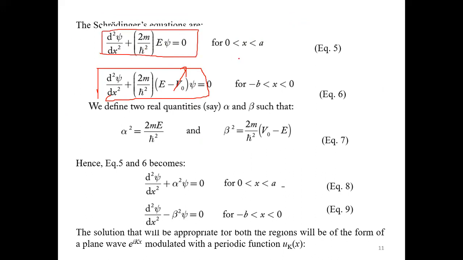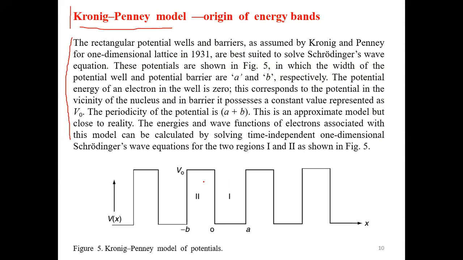As I said, in a material, when x lies between 0 and a, with this as the origin 0, the electrons are free. This is region 1. Electrons are free means their potential energy is 0, and then there is a barrier. A barrier means it is a bound system.